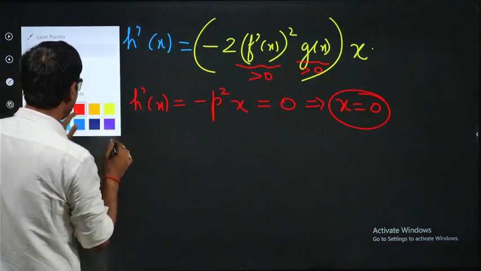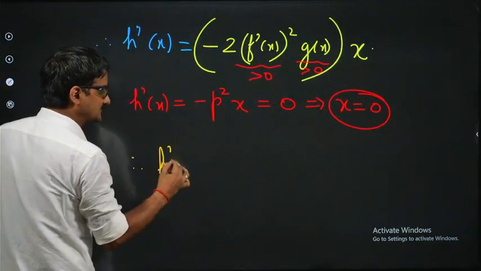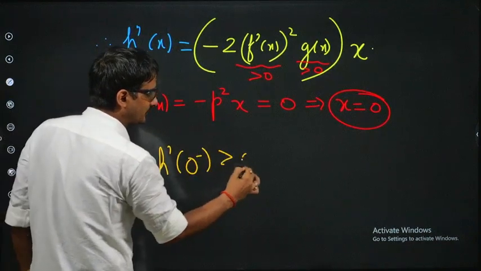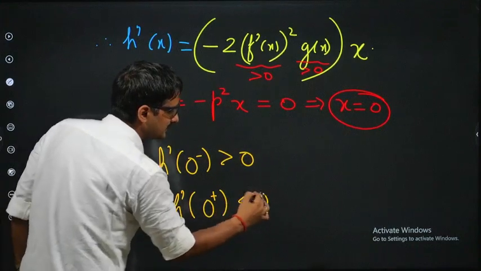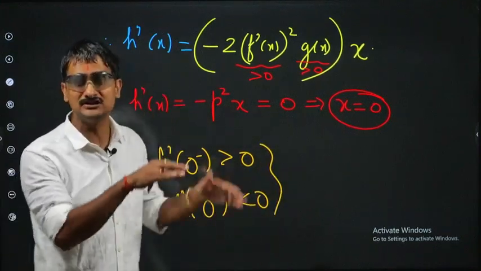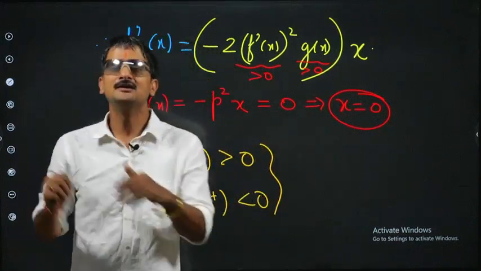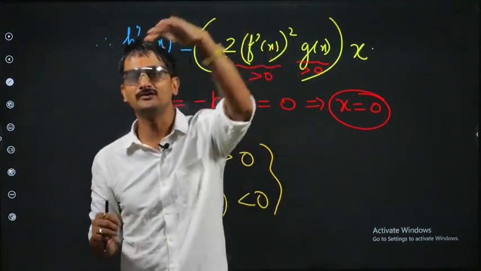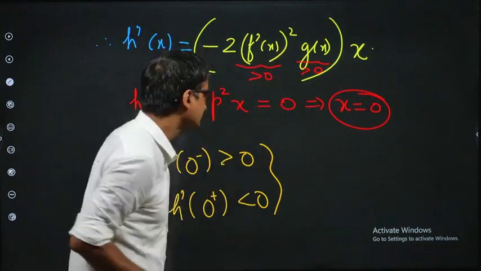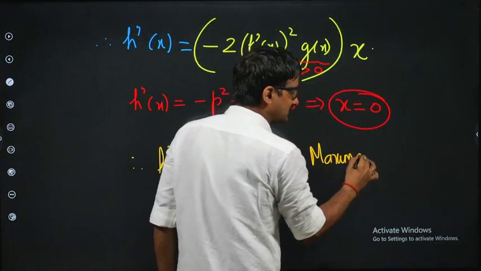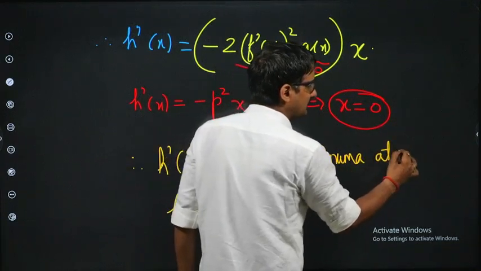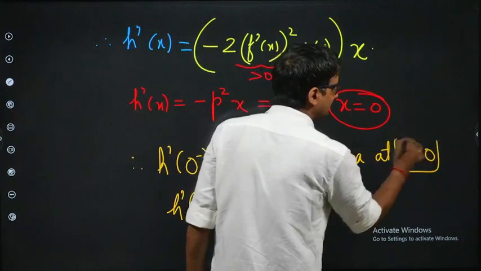So the derivative on the left side of 0 is positive and on the right side of 0 is negative. The sign is changing from positive to negative while moving from left to right, hence we will get maxima. So maxima will occur at x is equal to 0 here.